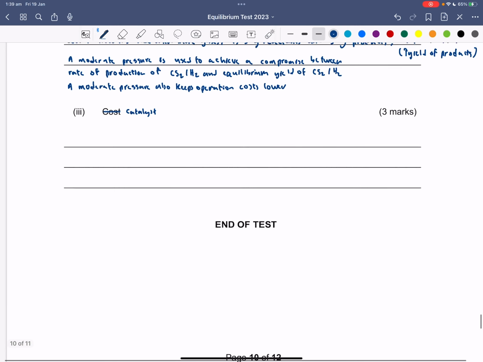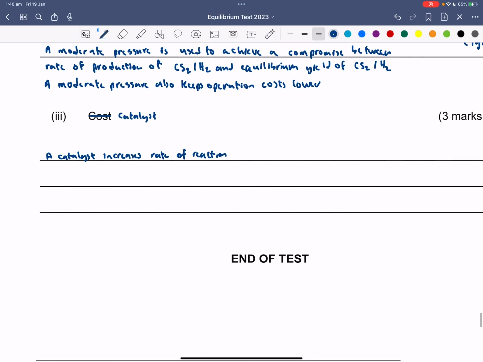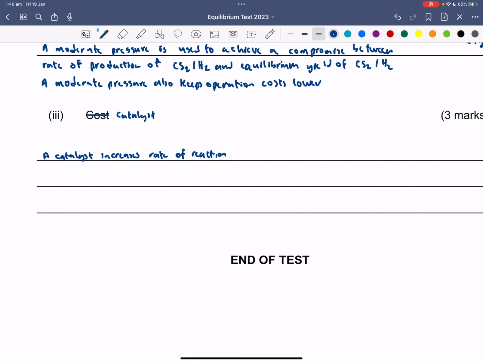So we can explain that a catalyst increases the rate of reaction. I'm not going to explain why, we all know why, without affecting the equilibrium yield.